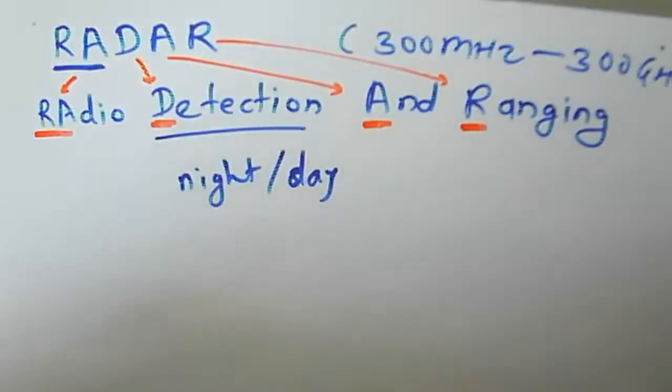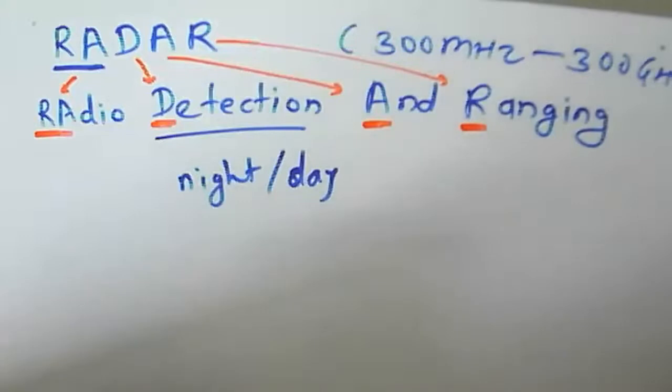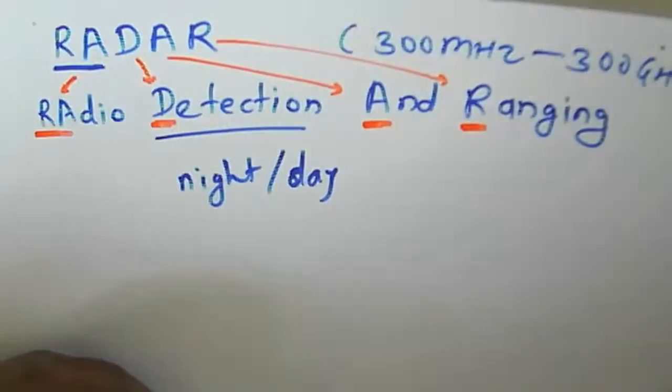Fog doesn't matter for the frequency signal. Radars can see the object whether it is day or night, rain or sunshine, whether the object is on land, in the air, or in a cloud.